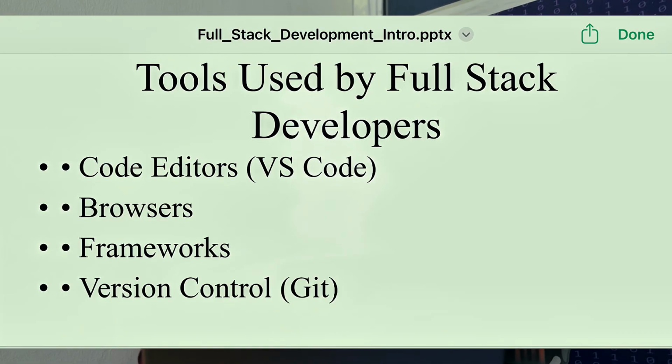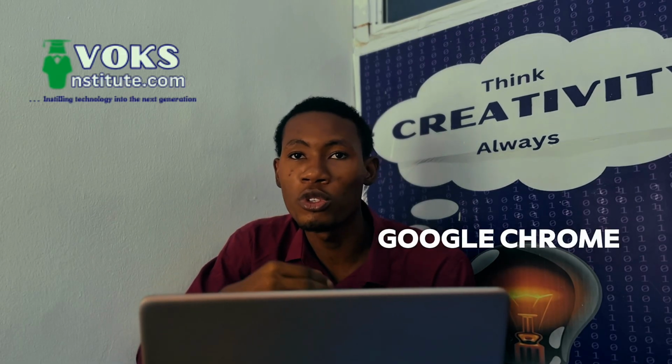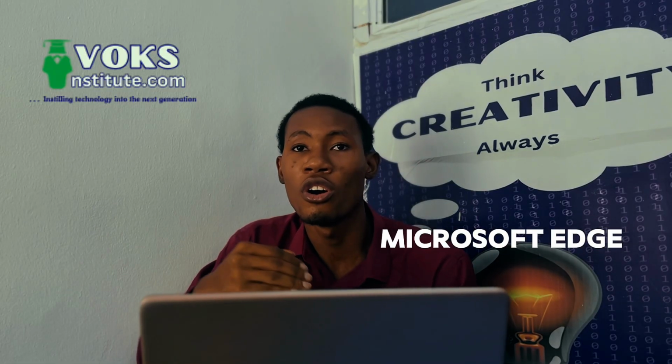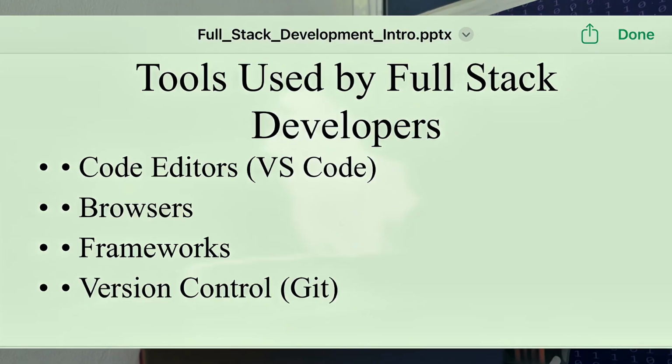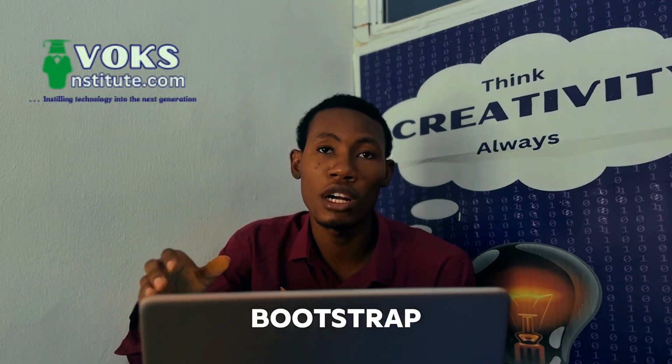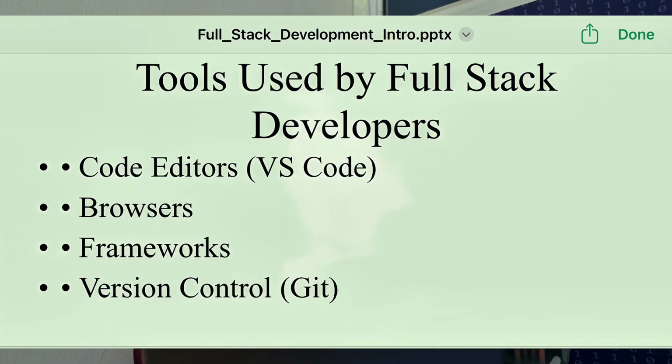What kind of browser do we make use of? Google Chrome, Microsoft Edge, or any other browser that you have on your system. We make use of a framework, which is Bootstrap, that I'm going to be talking about. I'm going to use version control, which is GitHub, where you can see all the projects you've done live.